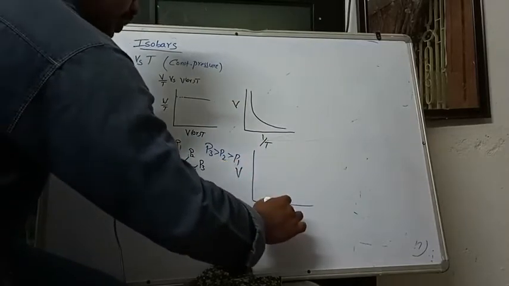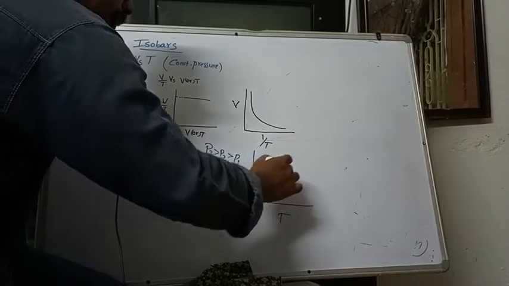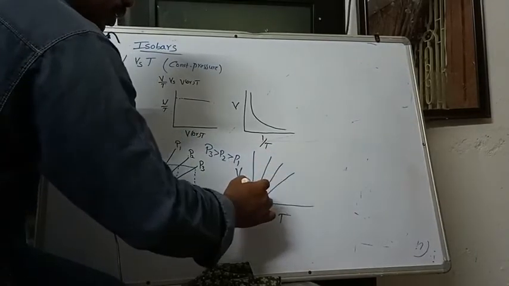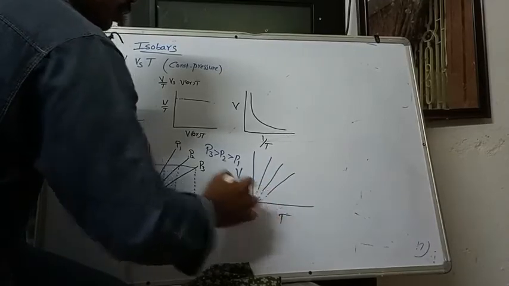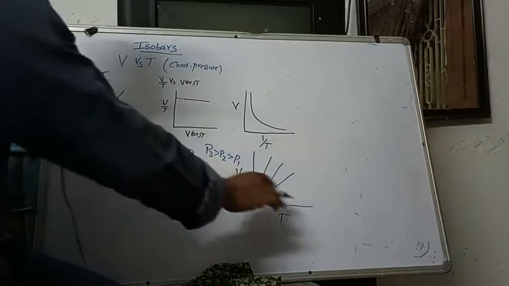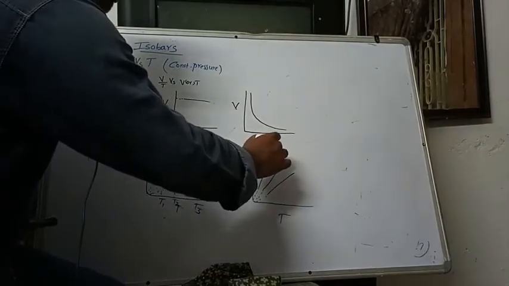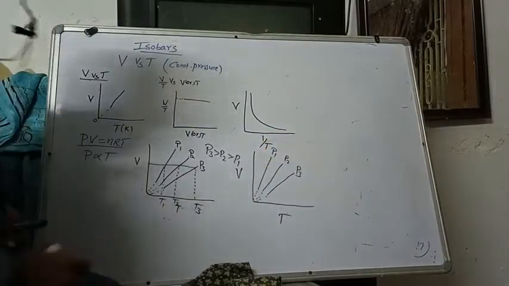Volume, temperature. This is P1, this is P2, and this is P3. If you extend them, they will pass through the origin, otherwise they will not touch the origin point.